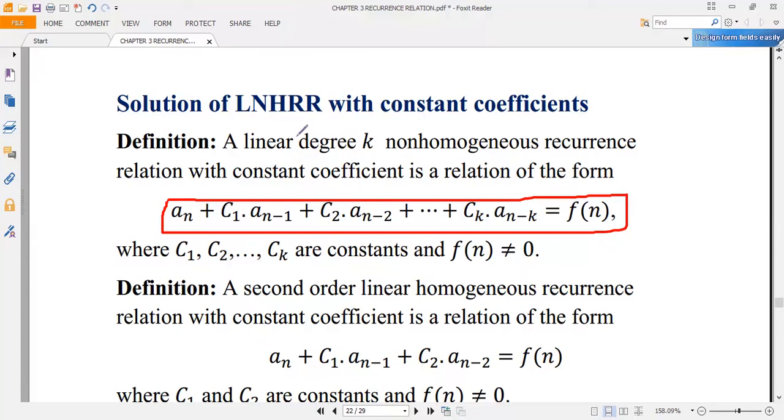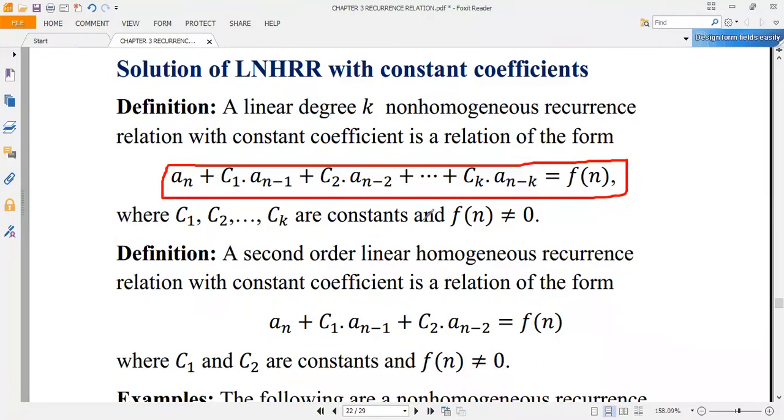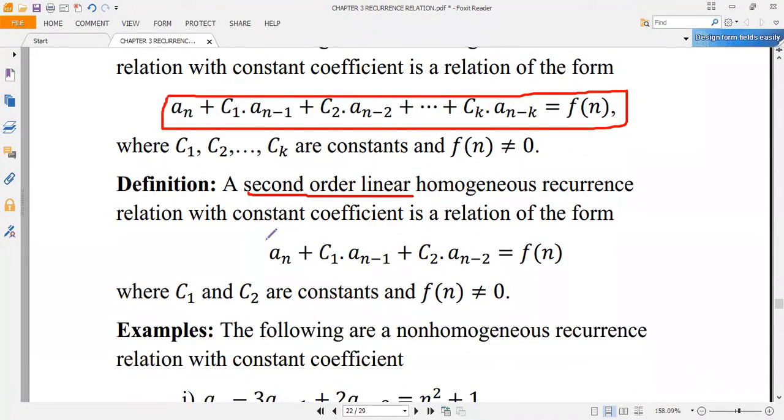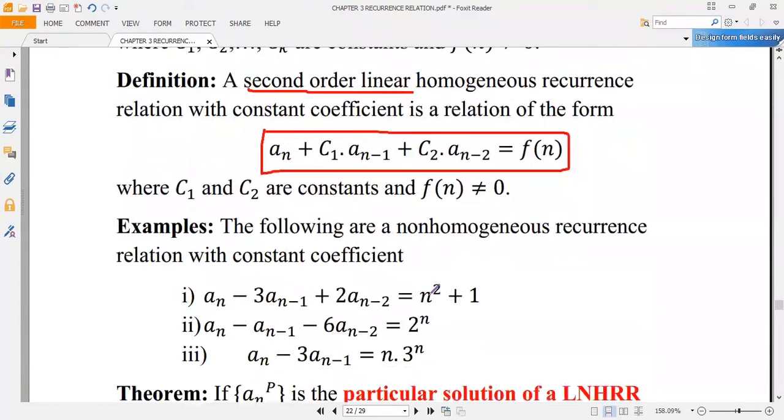That's why we call it a constant coefficient linear non-homogeneous recurrence relation. From this general definition, we can adapt the second order linear non-homogeneous recurrence relation with constant coefficients, where the coefficients c1 and c2 are constants and f(n) is different from 0.